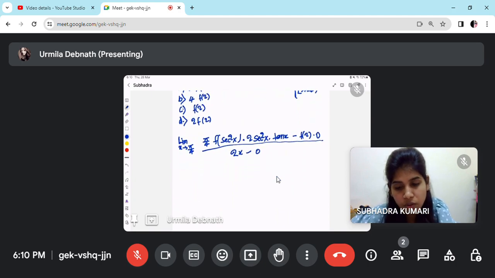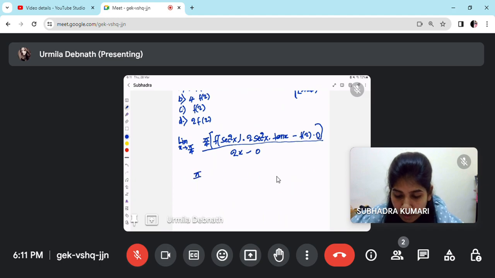Put the limit here: x is pi by 4, f of sec square pi by 4, sec square pi by 4 is 2, into 2 times 2 (the derivative 2 sec square x tan x), since sec square pi by 4 is 2 and tan pi by 4 is 1.